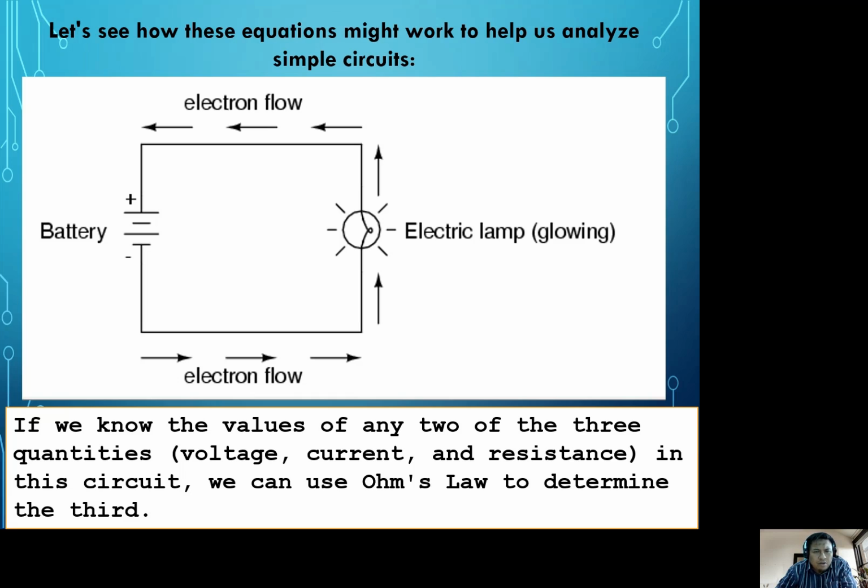If we know the resistance and the voltage, we can find the current. If we know the voltage and current, we can find the resistance. If we know current and resistance, we can get the power of the battery.